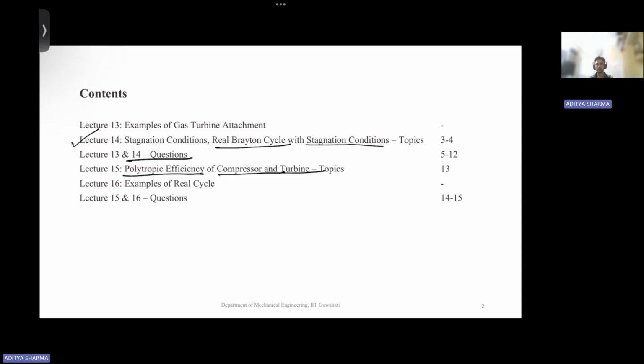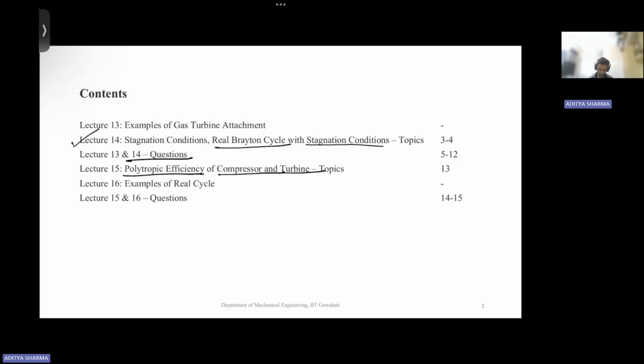In that case, your polytropic efficiency comes into picture. That helps us to decide better which compressor is better. So this is polytropic efficiency.